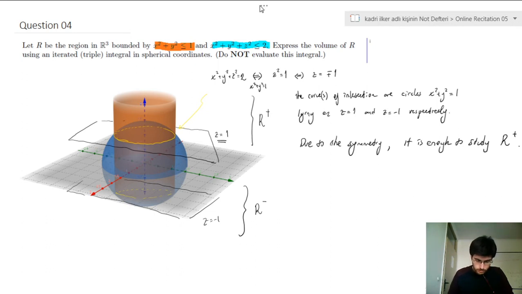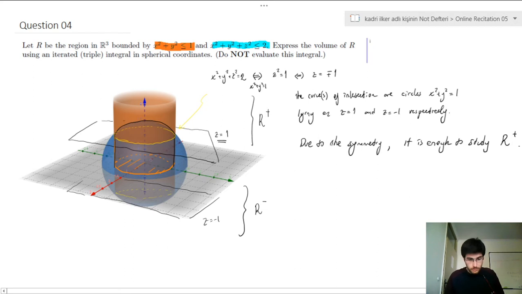So as you see, once more, we have this base region over here. Actually, you can easily observe, we have this base region, and after this intersection, this part plus this part will be our region on this base region.